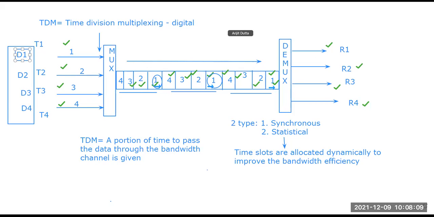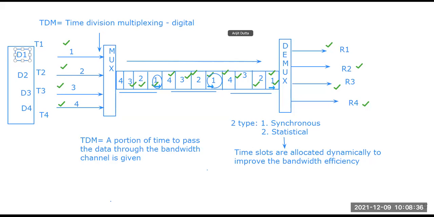What can be the difference, by whatever discussion we have had here? In synchronous TDM, time slots are allocated statically, but in statistical TDM, time slots are allocated dynamically. Okay.